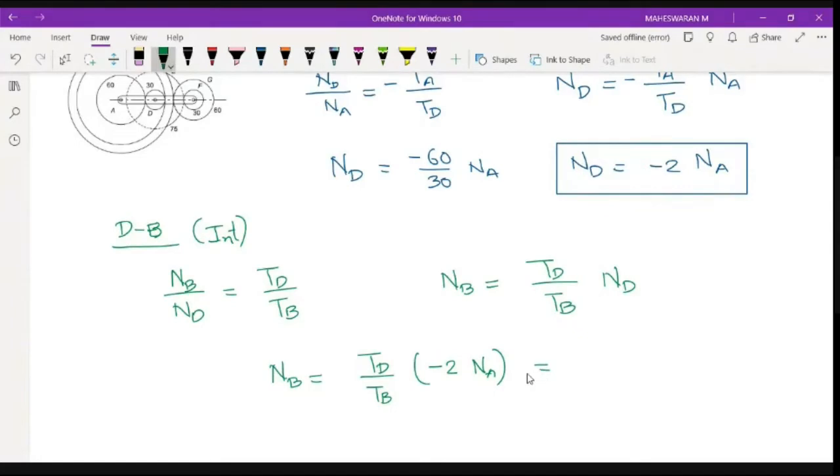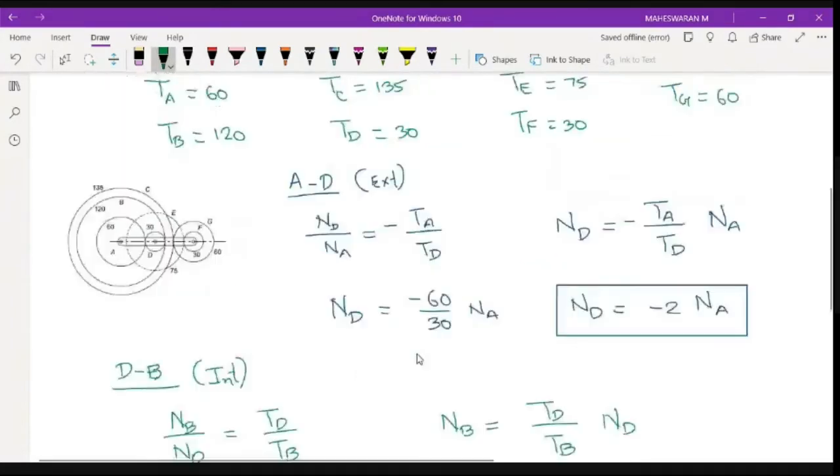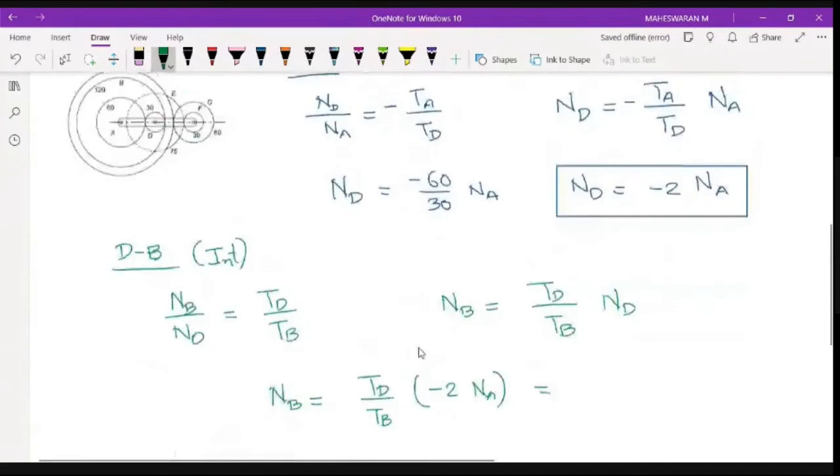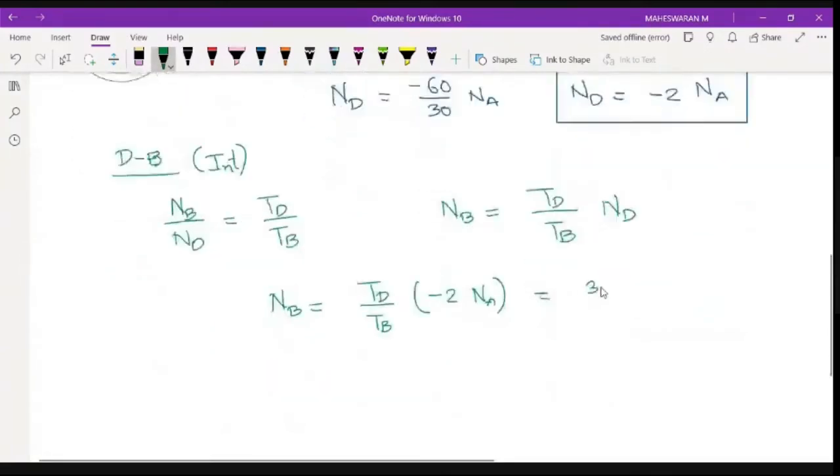Again, I will substitute this. We know TD is 30 and TB is 120. So 30 by 120 into minus 2 NA. What will you get?